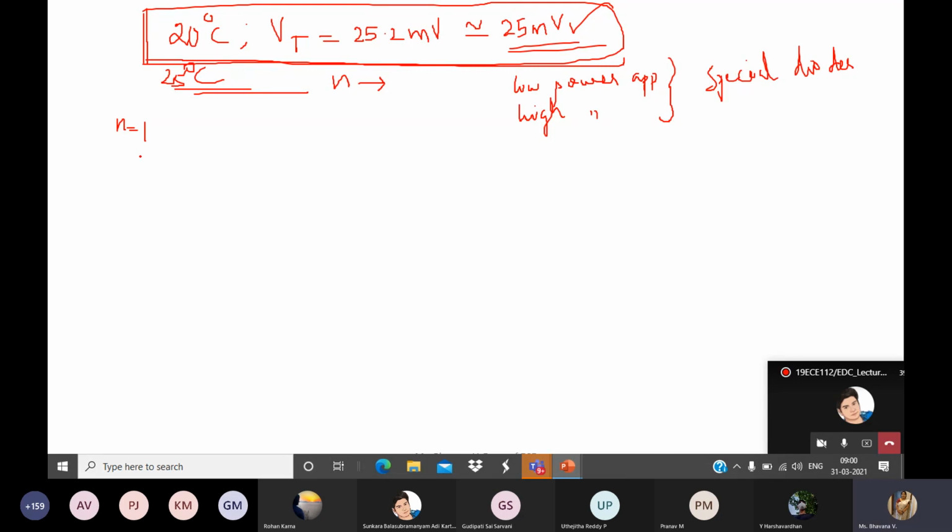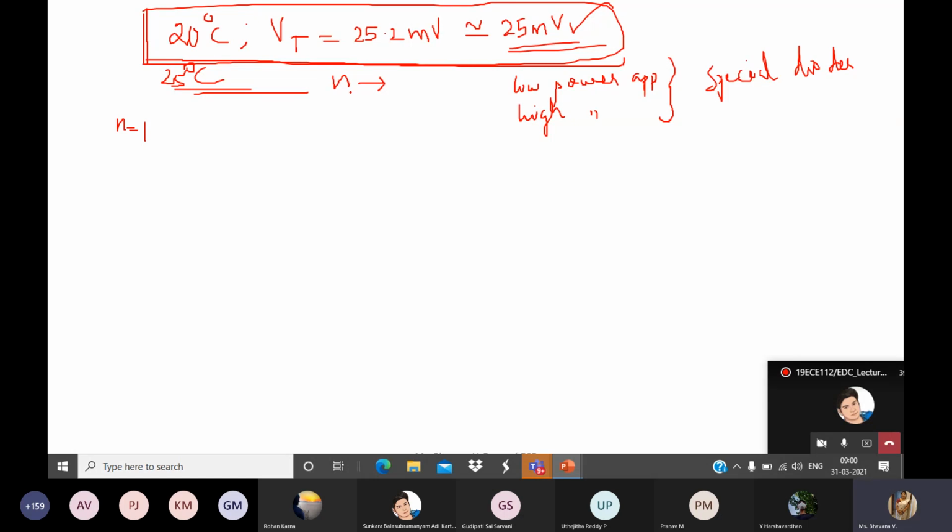And if the diode is made of discrete two-terminal components, N will be equal to 2.